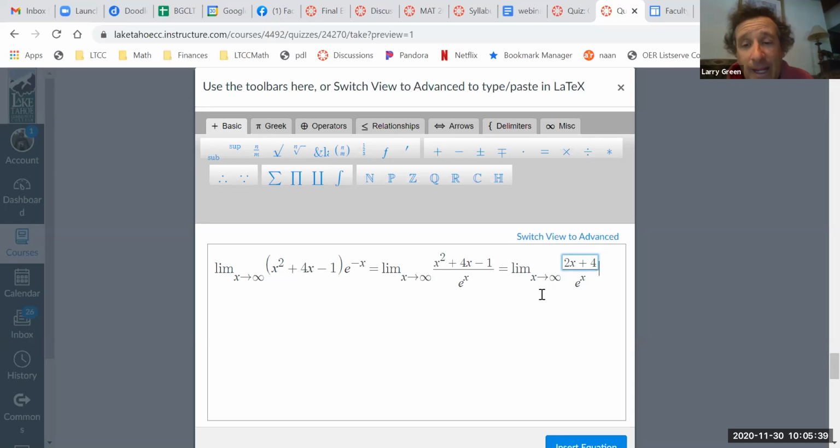And what do I get if I plug in now? What happens if I plug in infinity? I get infinity over infinity. By the way, when you get infinity over infinity after using L'Hopital's rule, you always ask, is it nicer than when I started or is it worse? If it's worse, then don't keep doing L'Hopital's rule. But hopefully you notice that this is nicer. So let's do L'Hopital's rule again.